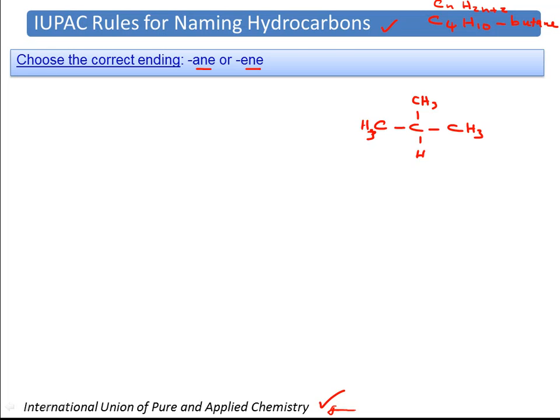So what happens then is this one here is still C4H10, but it has got a different name because the longest chain cannot be butane, because my longest chain is a 3 carbon chain. So this one will be propane. So the name for this one is methyl propane. But if I write the formula, it's C4H10, right? This compound and that compound are what we call isomers, which we're going to study later.